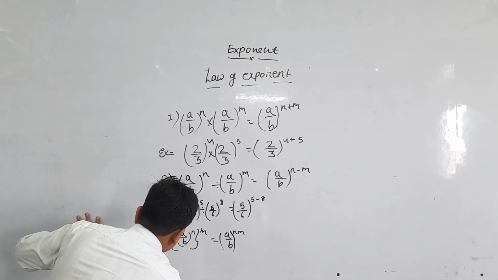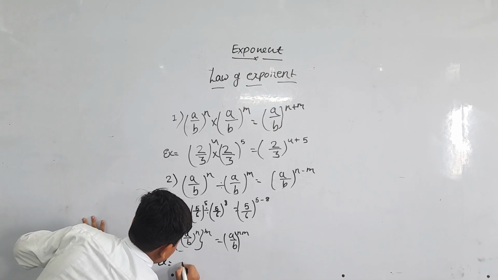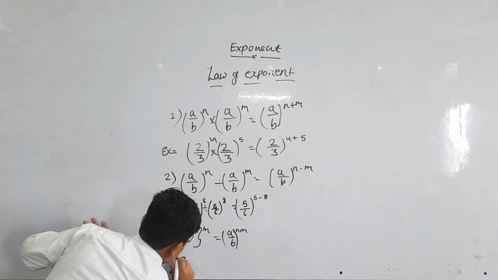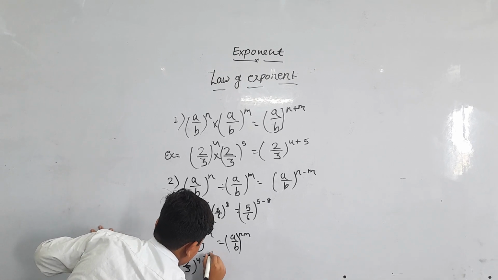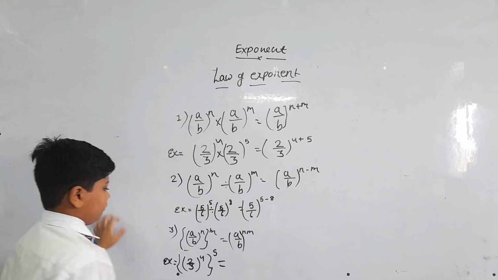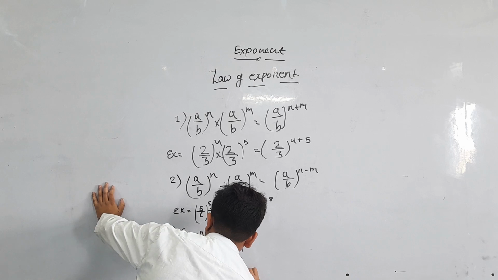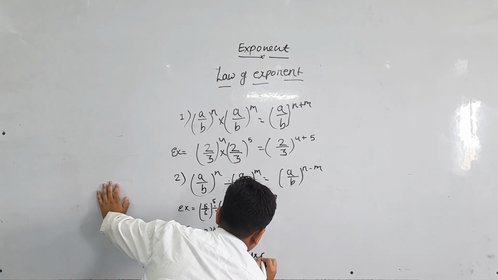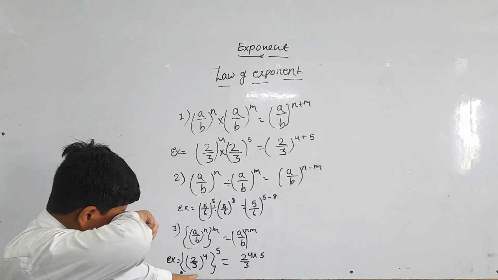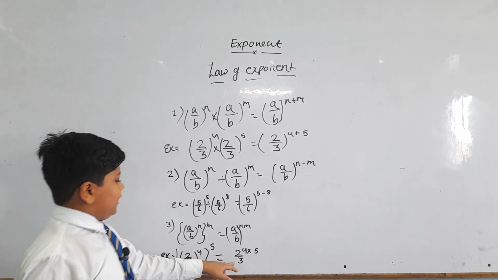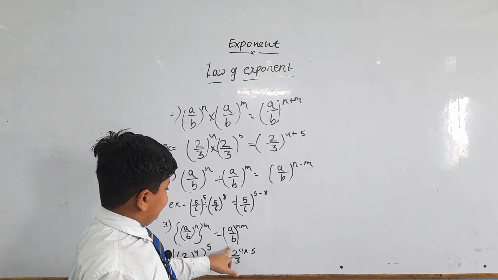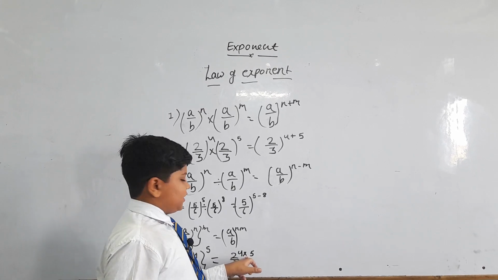For example, we see that when a base has more than one power, we keep the base and the powers are multiplied.